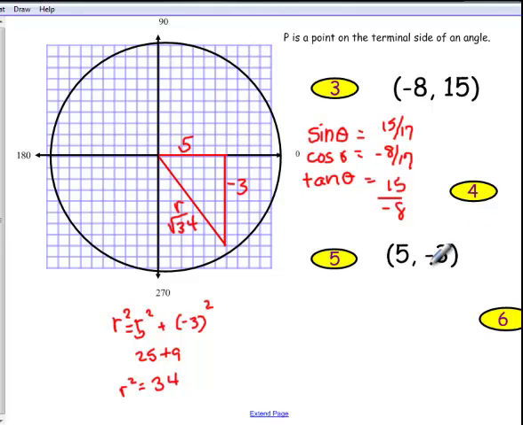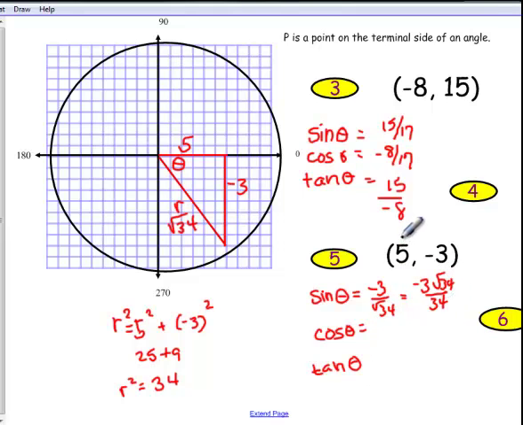Okay, let's now go here and let's do the sine, the cosine, and the tangent of this angle. Okay, sine is opposite over hypotenuse. -3 over radical 34. Rationalize that. -3 radical 34 over 34.